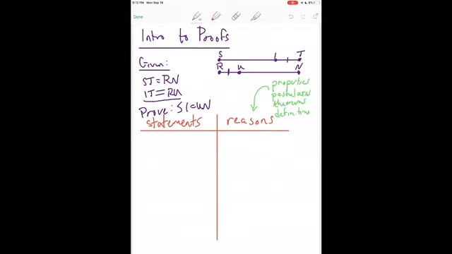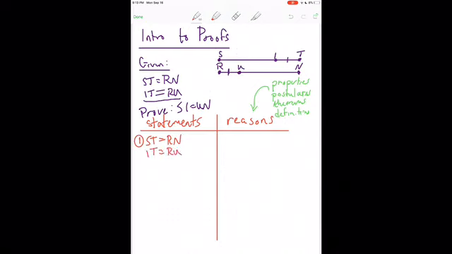As we go through this proof, the first reason and the first statement that we're always going to give is our given information. So step one, let's just write our given information: ST is equal to RN and IT is equal to RU.